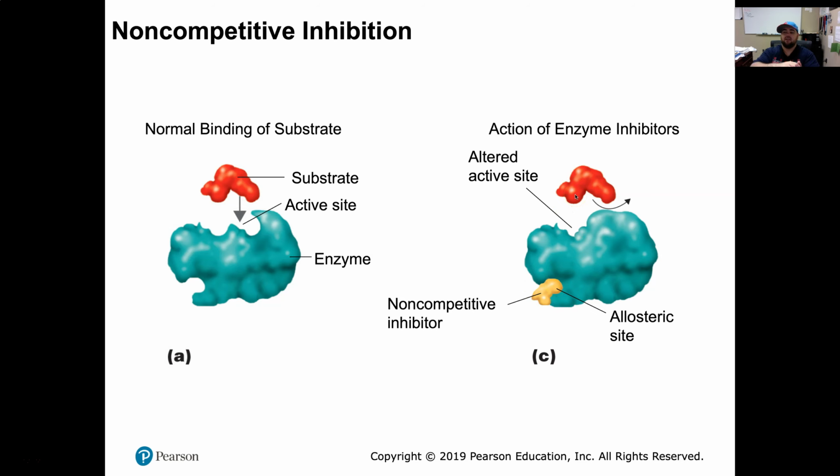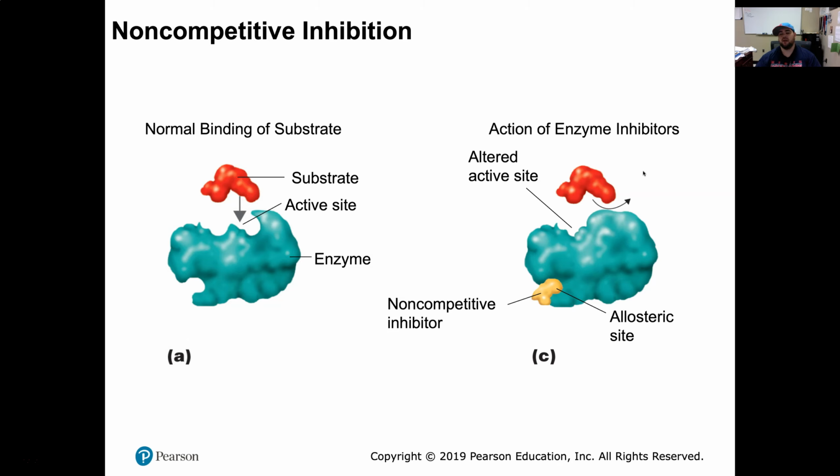It'll hit the enzyme and just bounce off of it because it can't fit into this new active site. It's not the right shape. So this will bounce off of the enzyme. And therefore, if the substrate can't be worked on, it'll then slow the reaction back down.